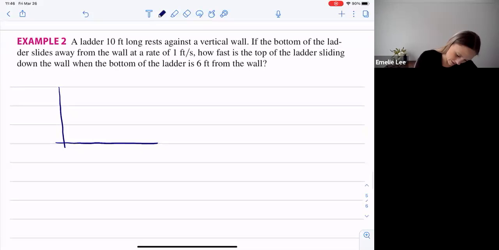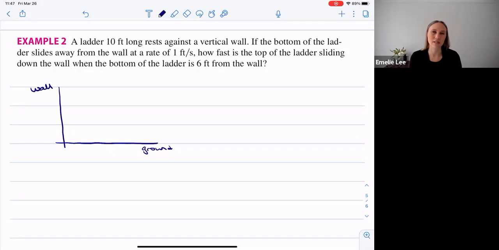So here, I've got the ground, and here I've got the wall. Whenever I can, I'm going to use x and y, just because for me it's a little easier to think about.